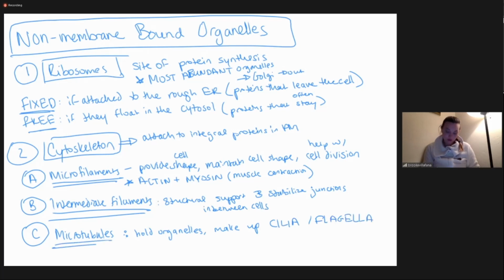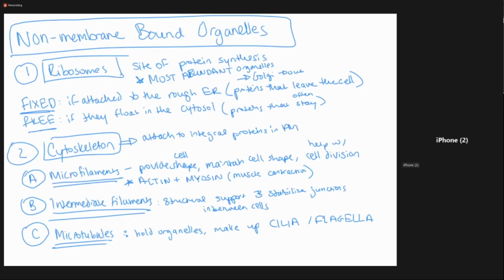So those are the microtubules. So there are 3 types of cytoskeleton: microfilaments, intermediate filaments, and microtubules.